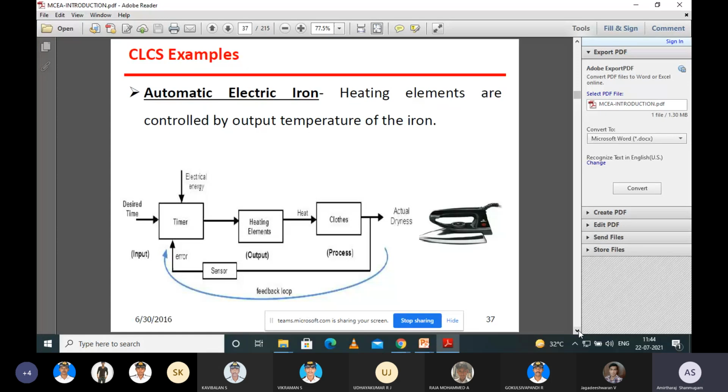In the closed loop, you measure the existing heat. When the heat is reduced, the switch is on, the supply is connected again, and depending upon our requirement, the heat is generated. So the heating elements are controlled by the output temperature of the iron.